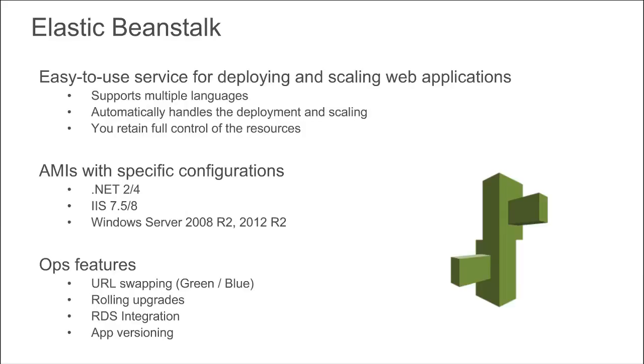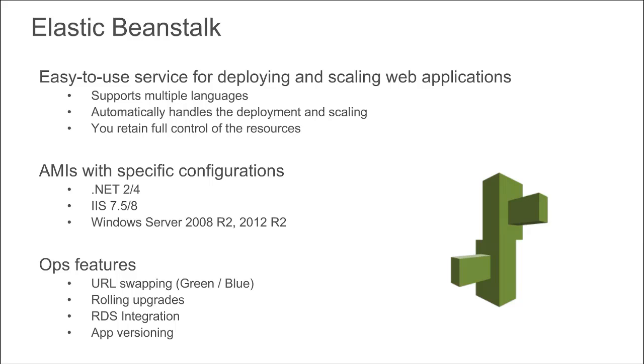So if we take a look at different things we can do with Elastic Beanstalk, it supports multiple languages. It allows us to run our .NET 4.x code. It runs on Windows Server 2008 R2, 2012, 2016, and it allows us to run our traditional code that we've had without any real changes, to just publish it and run it without having to set up and manage the infrastructure ourselves.